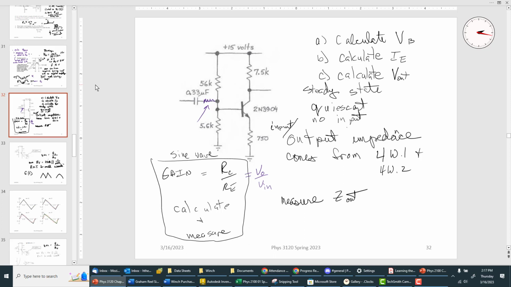You could put it on either side of the capacitor. And then for the output impedance, you're putting a load down here for Z out. And then this is for measuring Z in.